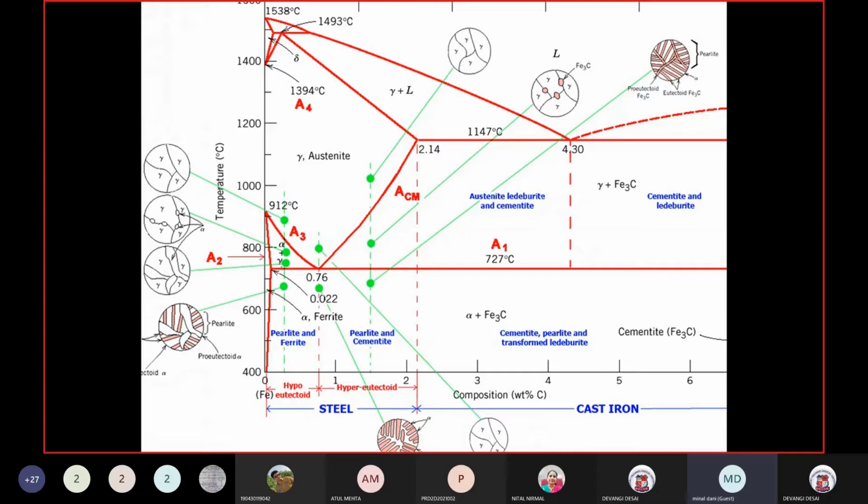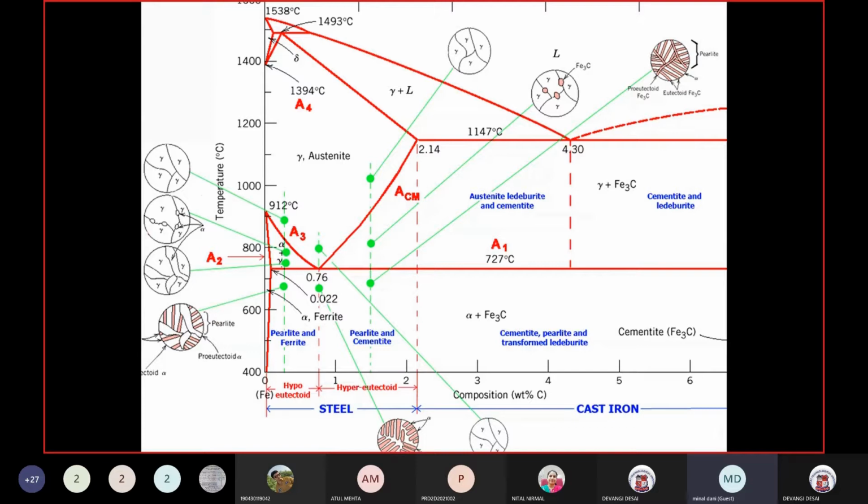Basically, on the y-axis there is the temperature, and on the x-axis there is the weight percentage carbon. It is not exactly pure carbon, pure C. It is with the Fe3C compound.